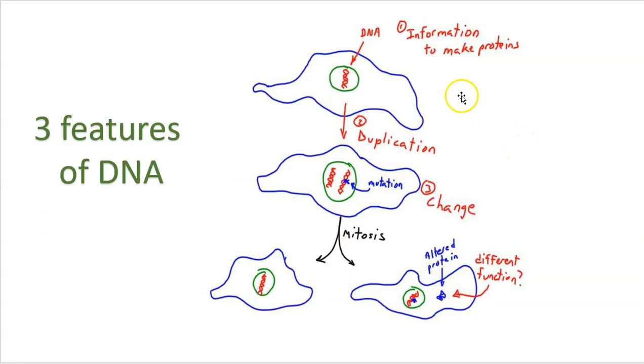So for complex cells, as well as bacteria, we see the three features of DNA, the characteristics that make it a hereditary molecule. Information, duplication, change. DNA stores the information to make proteins. DNA can be duplicated for the purposes of reproduction, and sometimes mutations happen, and that produces change.